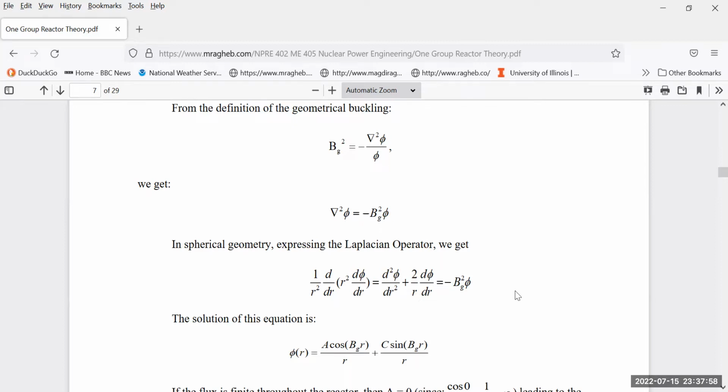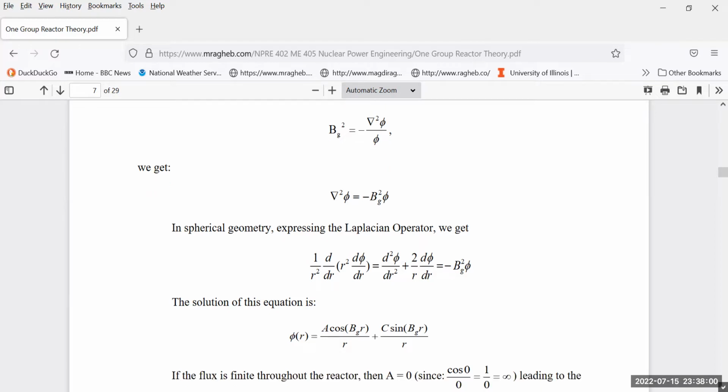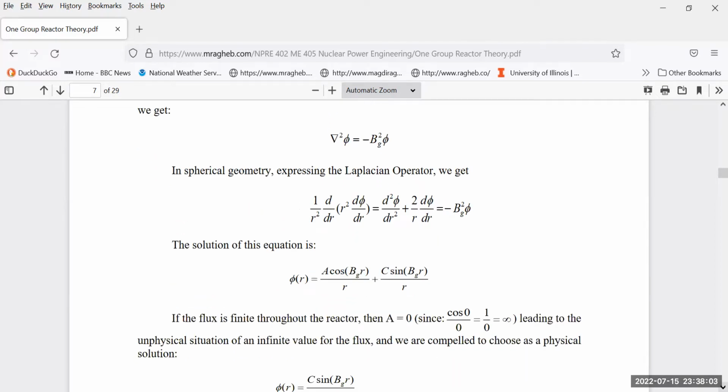We are not going to repeat the derivation that we came through in the previous chapter when we took a point source in an infinite medium, spherical geometry. The solution in that case, instead of being a hyperbolic cosine, now has to be, because it's a harmonic system or a minus sign here, an A cosine plus a C sine of Br, all over r.